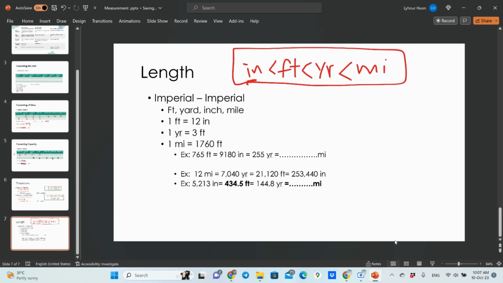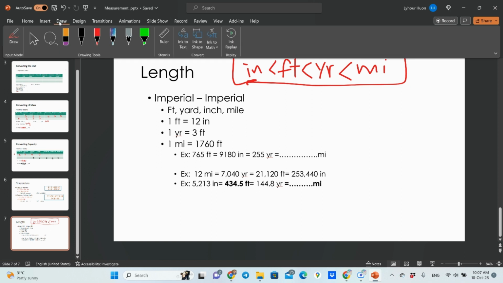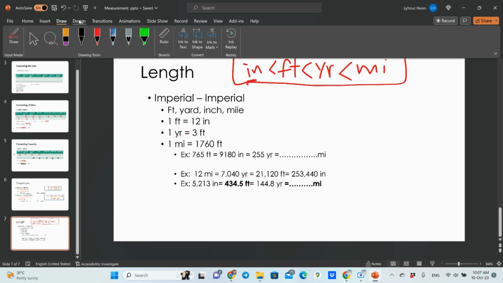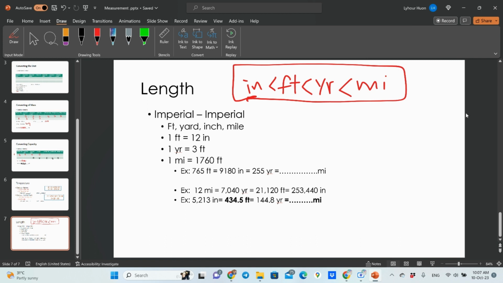Feet to miles. We divide by 1,760. But what number do you divide by 1760? It's smaller, right?